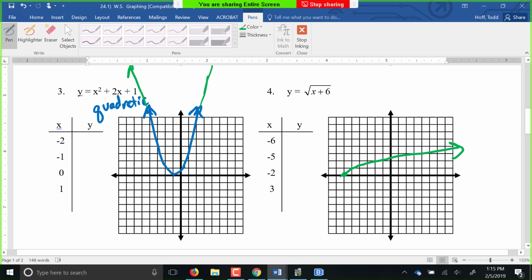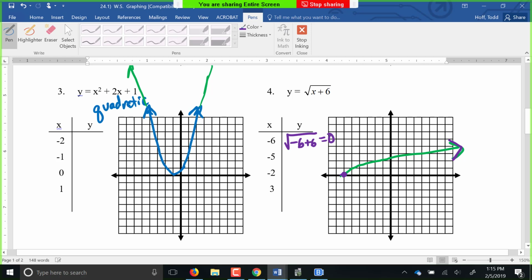You'll notice on number 4, I put an arrowhead here, but not on this end. Why not? Yeah, it doesn't keep going that way. That would be x is negative 6. If I put negative 6 in for x, y is the square root of negative 6 plus 6. What's negative 6 plus 6? 0.